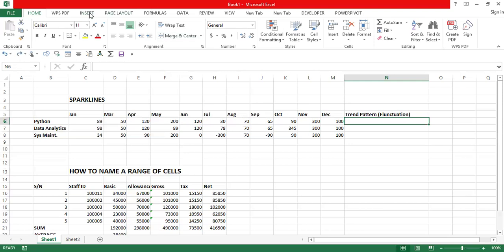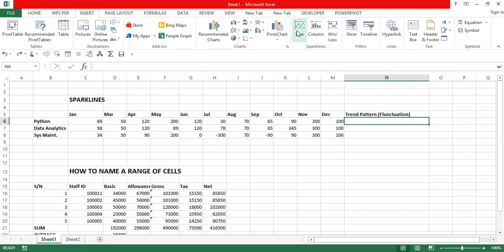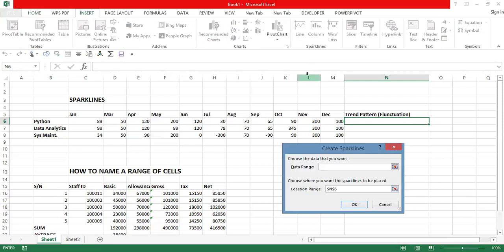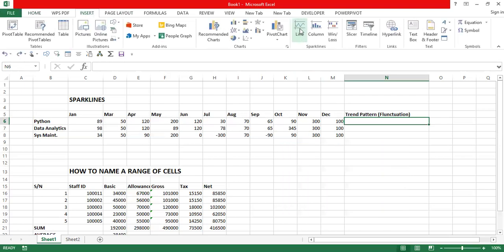This time around, we are going to use another type of sparkline. Let's use a column sparkline. The column ones, you see, are like charts. This is like a line chart. This is like a column chart. You get it? It's a sort of chart, also for visualization.